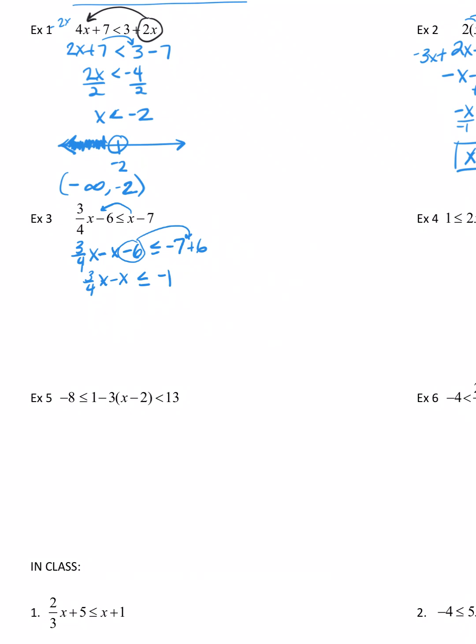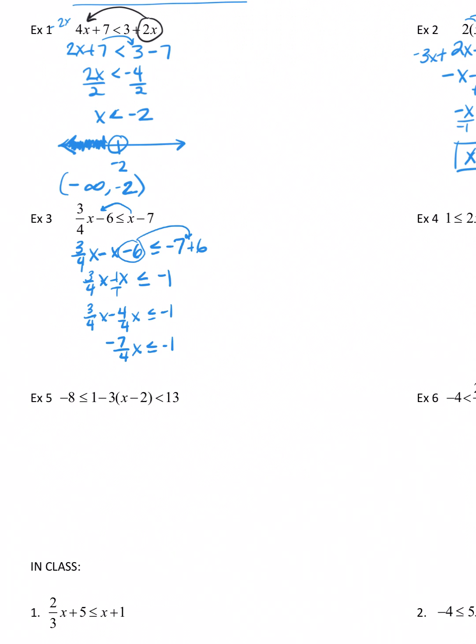Now, don't let this negative x mess you up. Remember, this is a 1 over 1. In order to add or subtract fractions, I need a common denominator. So I have 3/4 x minus 4/4 x is less than or equal to negative 1. So negative 1/4 x is less than or equal to negative 1.